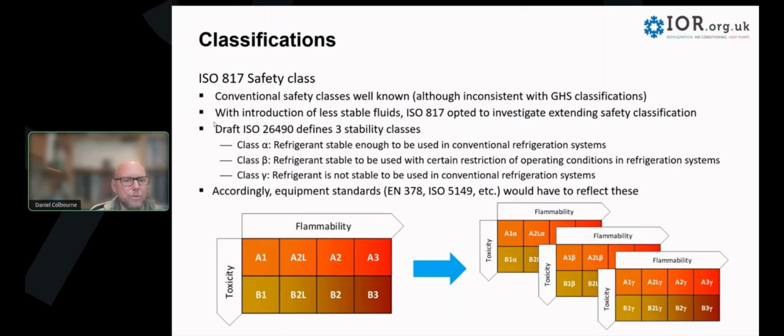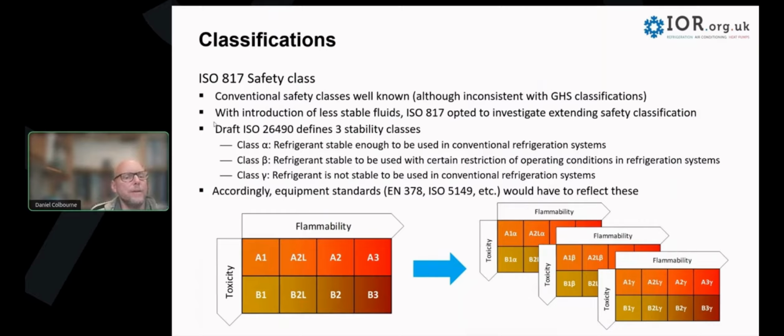It's also in recent discussions, with the broadening of boundaries to look for alternative refrigerants, some companies are considering less stable substances, and this will be discussed in more detail in a bit.